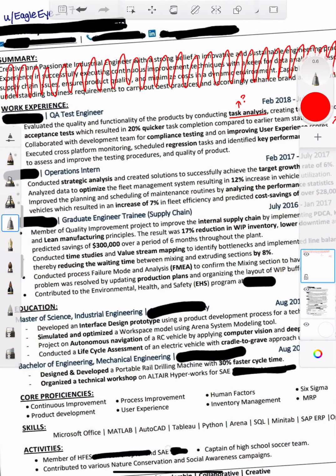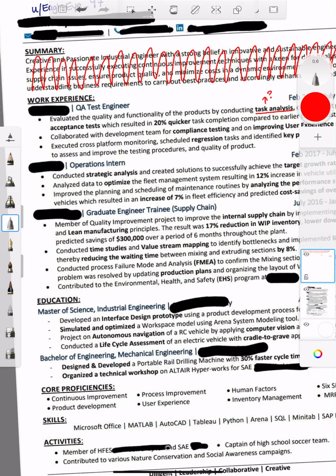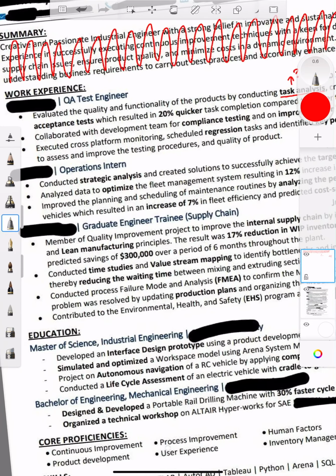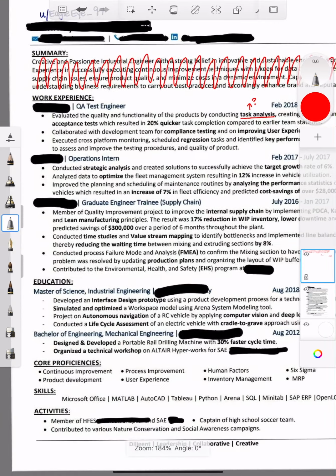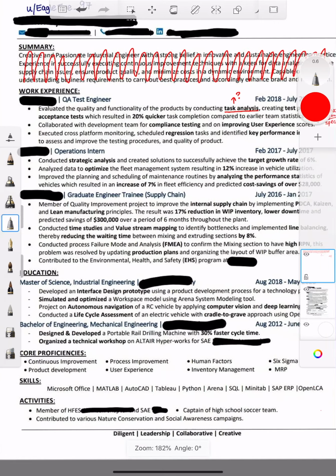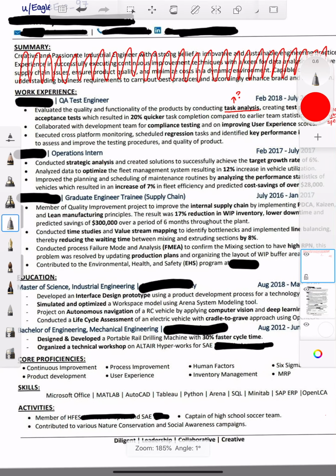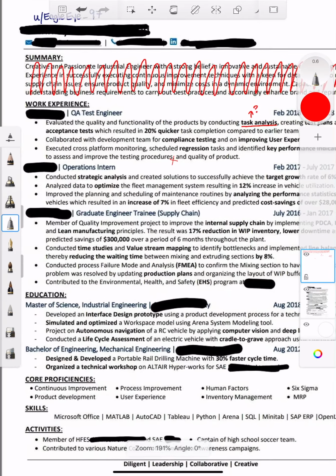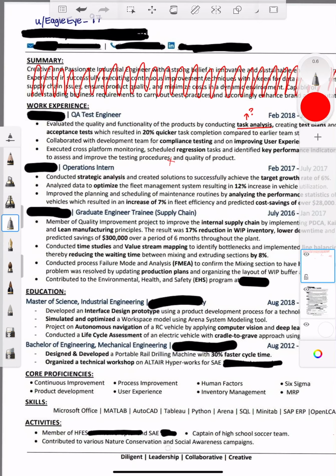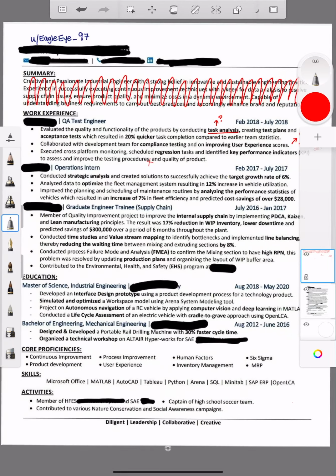Executed cross-platform monitoring. That sounds like a bunch of bull to me. Scheduled regression tasks, and identified key performance indicators to assess and improve the testing procedures. No comma. And quality of product. So I took a lean course in college, and they use a lot of buzzwords.